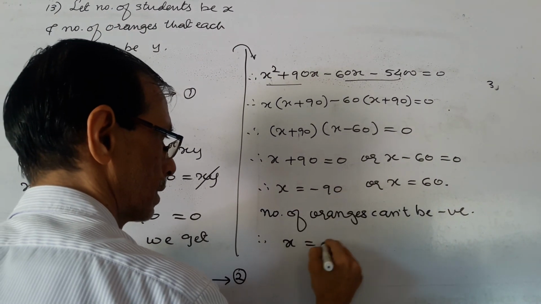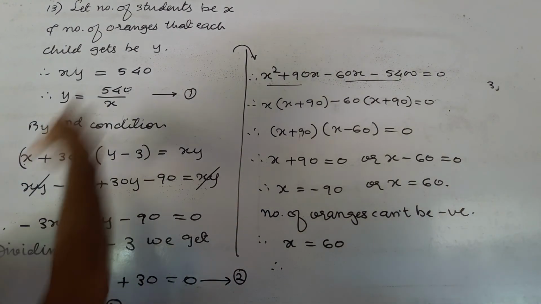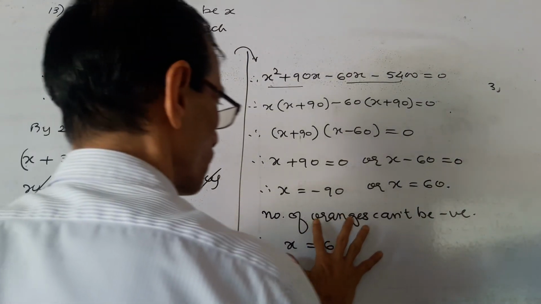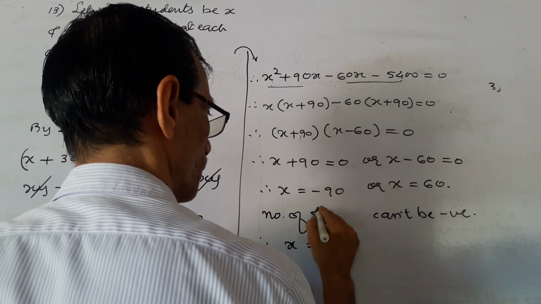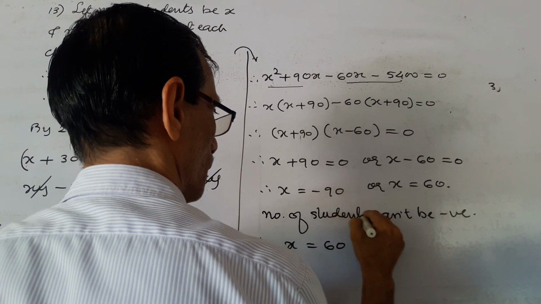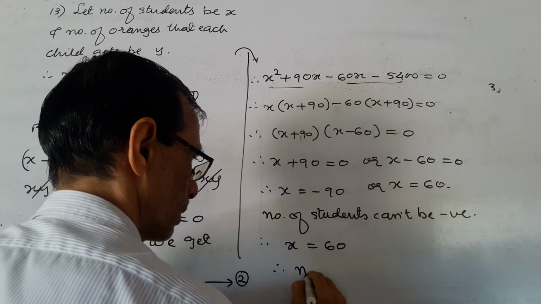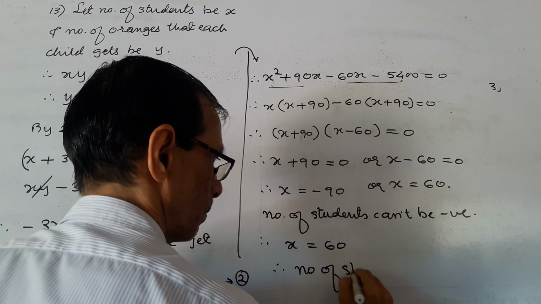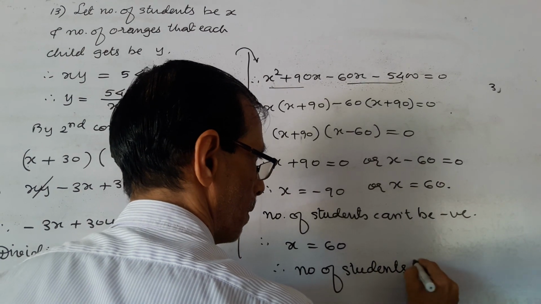Therefore, x equal to 60. But what is x? x is the number of students. Students can't be negative. x is 60, and therefore the number of students is 60.